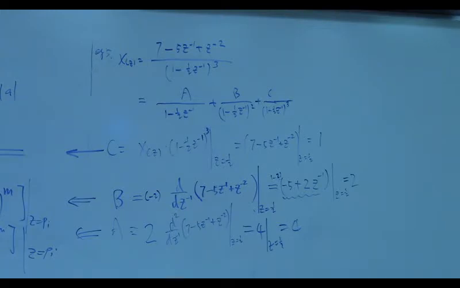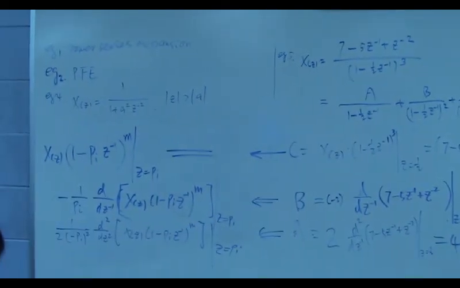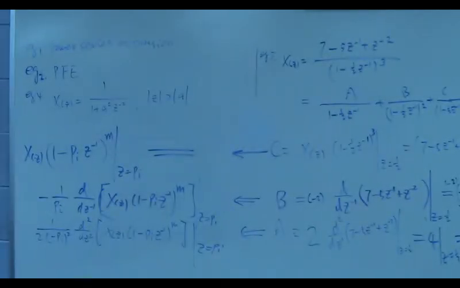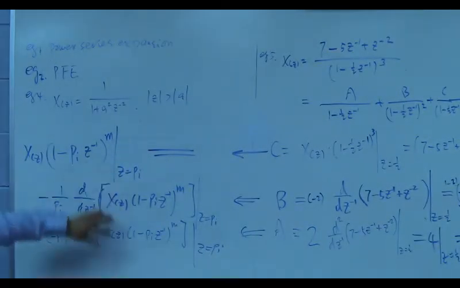If in the test you need this formula, either I'll give it to you or you'll have a cheat sheet. You need to write this one, so you can use this. All the formulas are listed here.